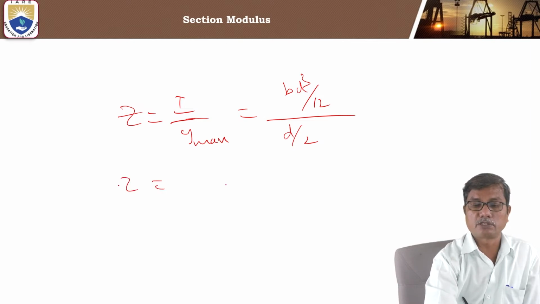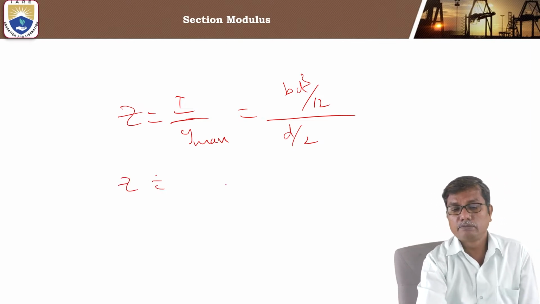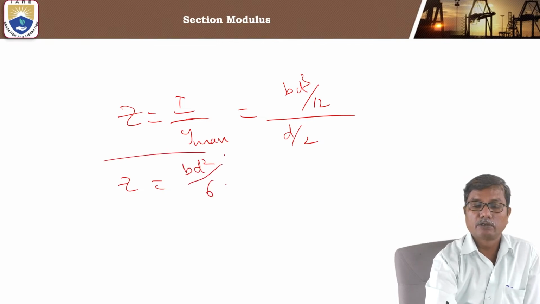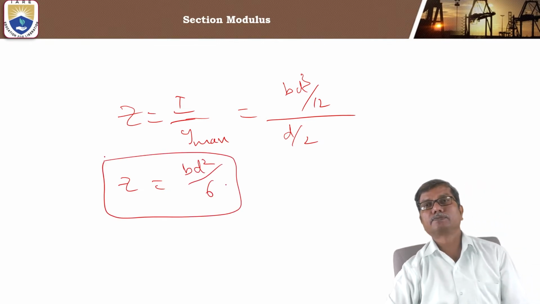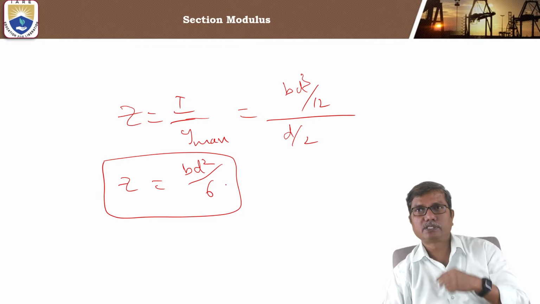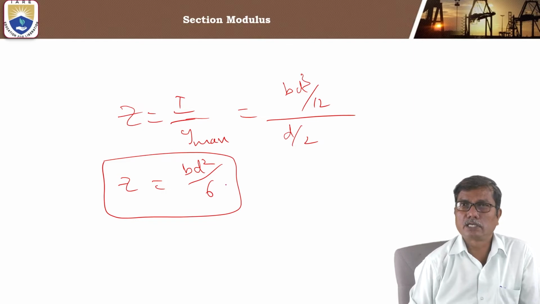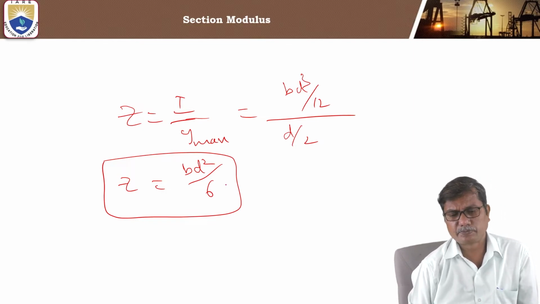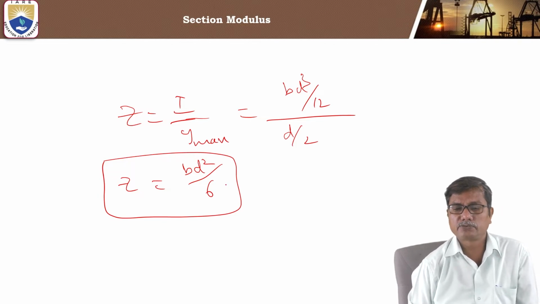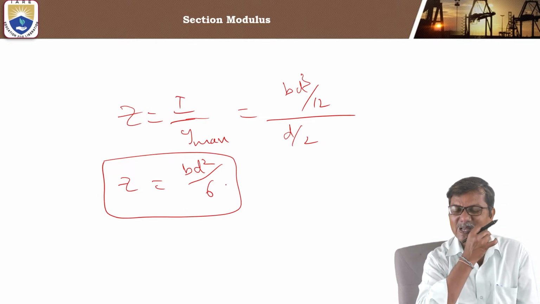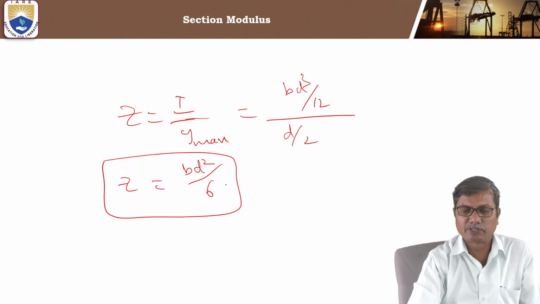So what is the section modulus now? bd square by 6. So this is the section modulus for a rectangular section, where b is the breadth and d is the depth.